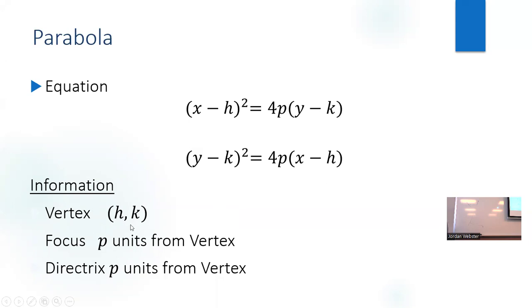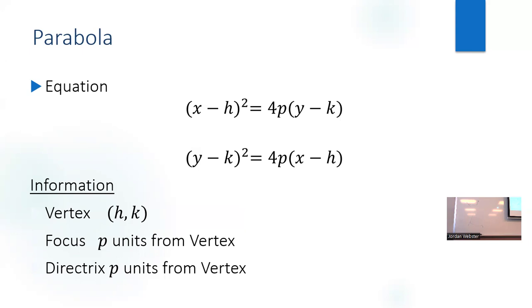Now, I'll talk about the vertex and the focus and the directrix in a moment, but for right now, just write down this information. When we have one of these two standard forms, our vertex is going to be the point (h, k).